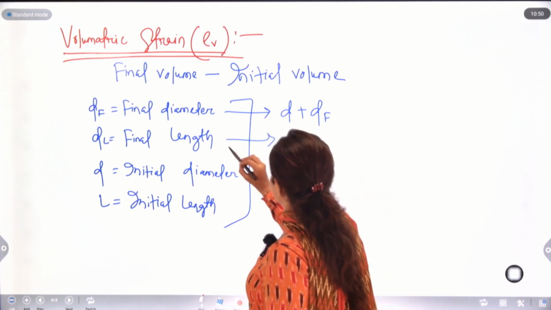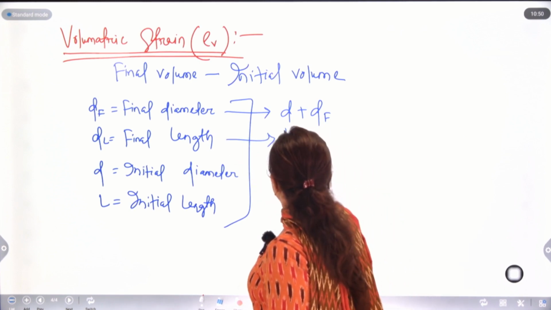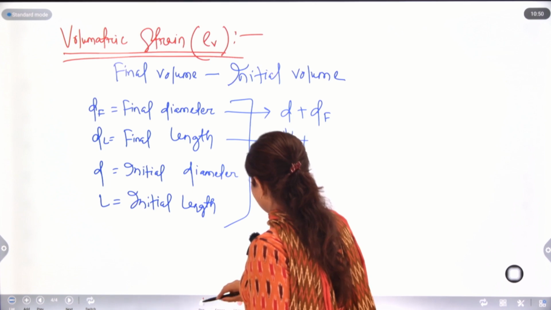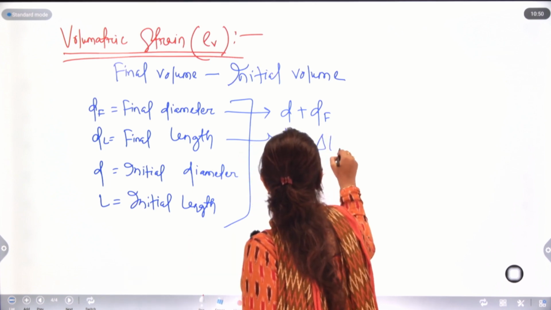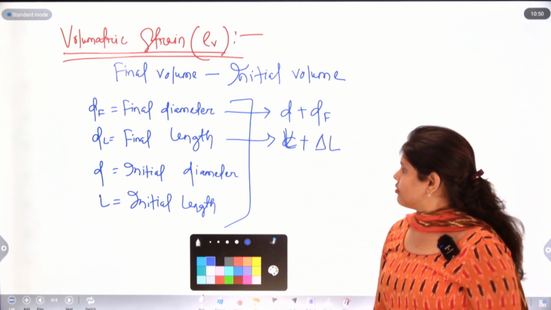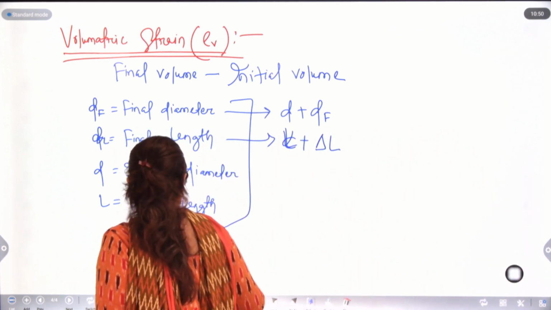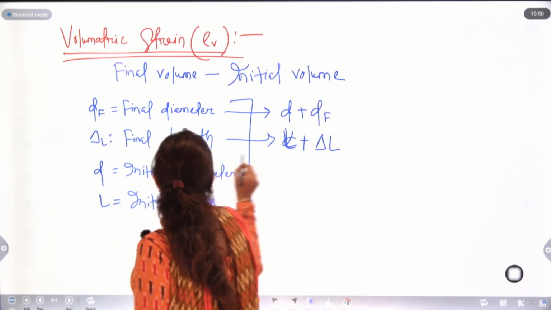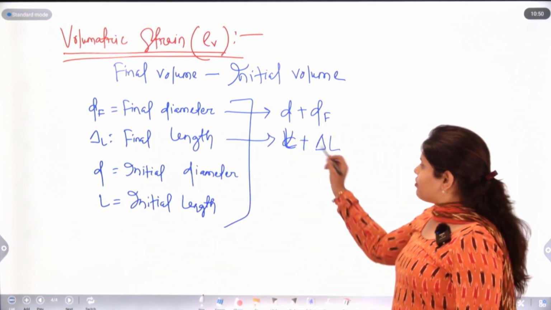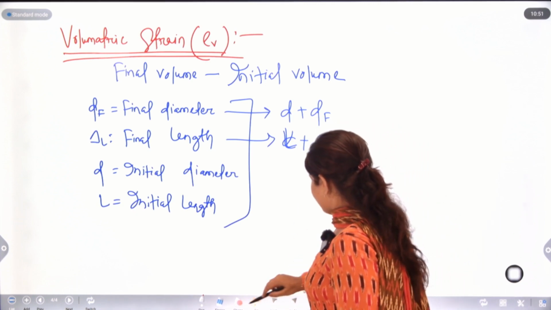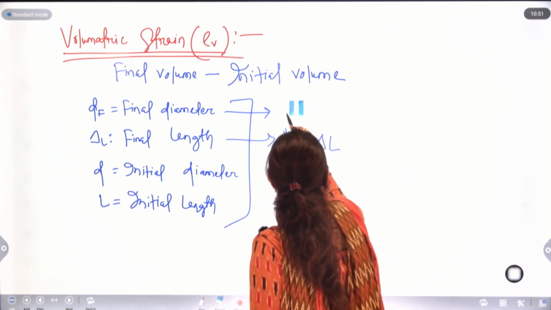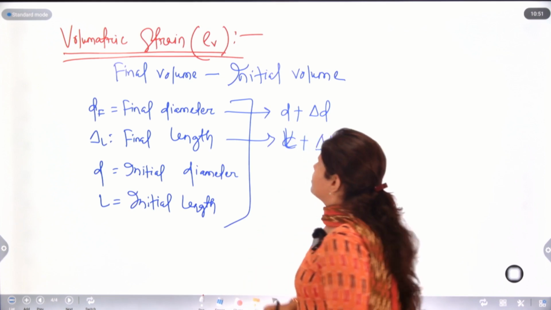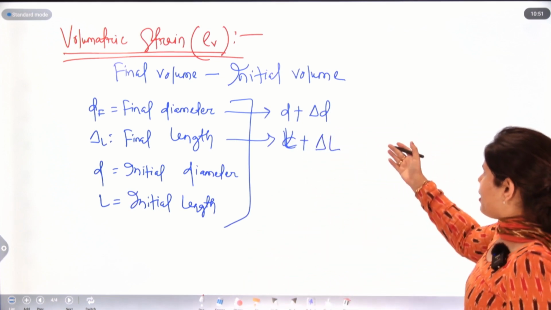And final length as L plus del L. L plus del L is our final length, and for ease we will write the diameter as D plus del D. Now we have our final diameter and length.